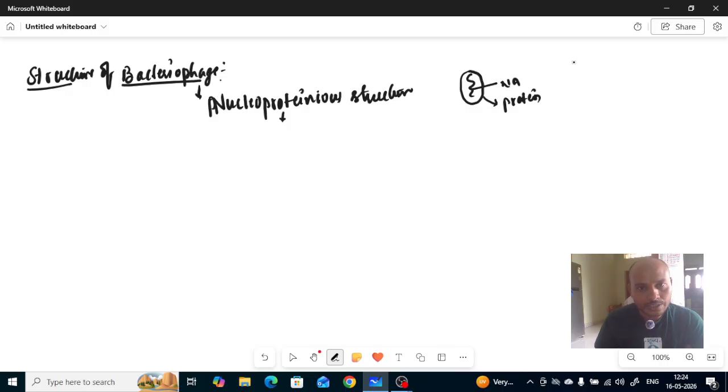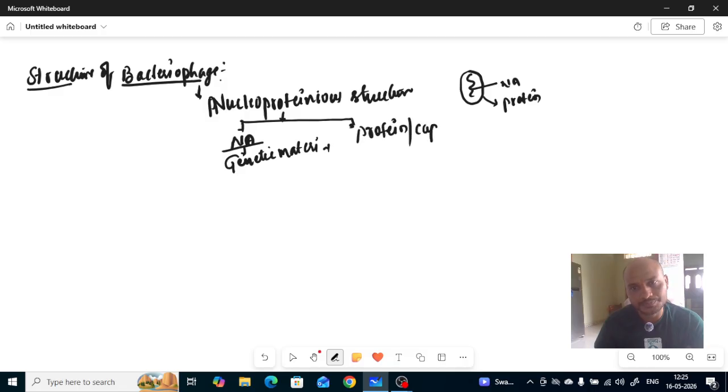These nucleoproteinous structures are generally made up of two components. One is nucleic acid, which acts as the genetic material. The second component is protein, also called capsid.